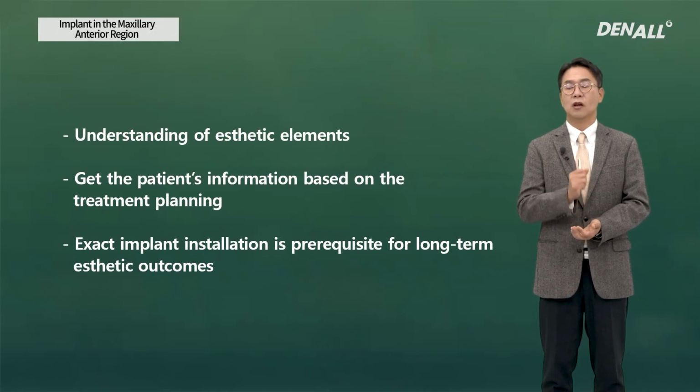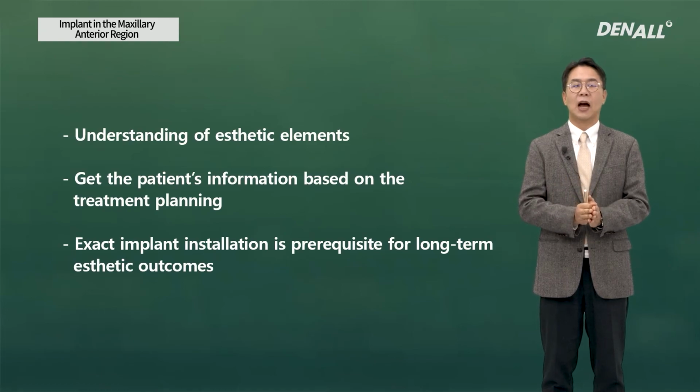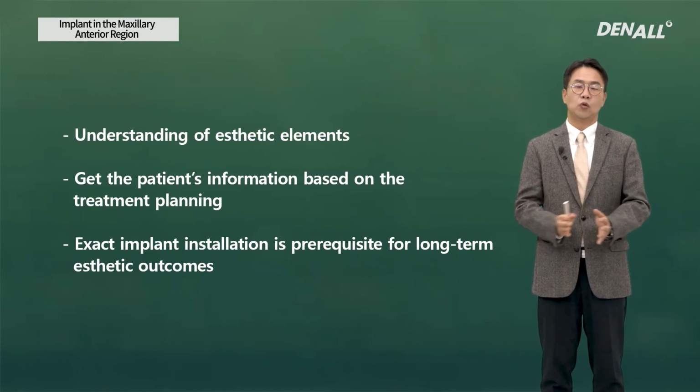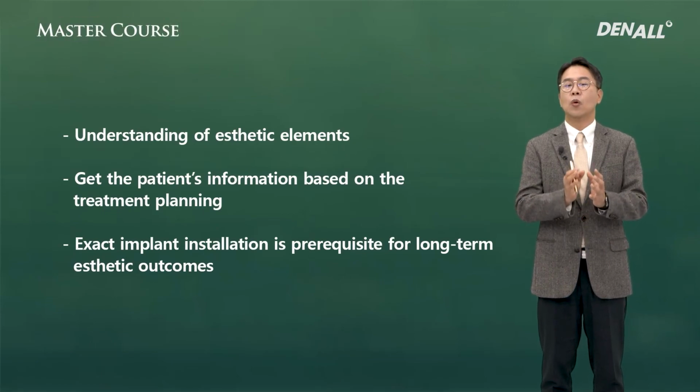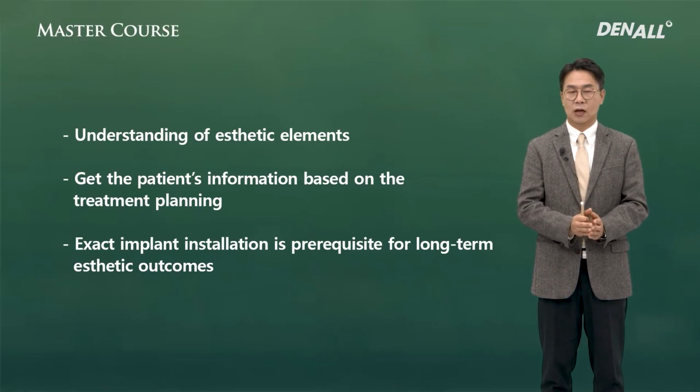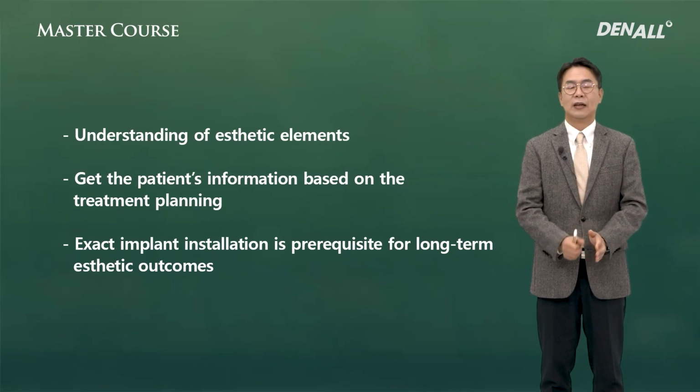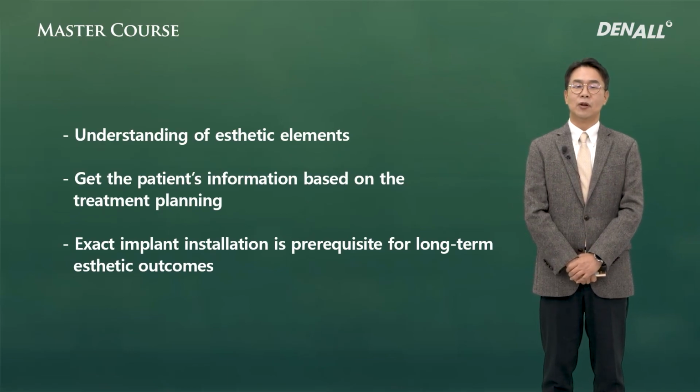On how to do accurate positioning. For this, you can get various help, or if you have abundant experience, you can do it without help. So the positions need to be determined before you treat the maxillary anterior to have very good outcome.